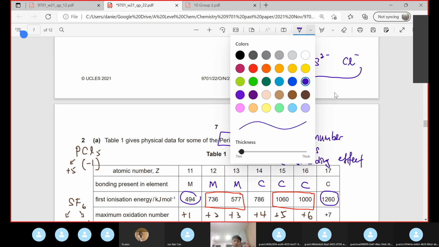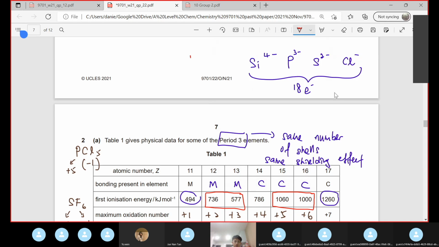The difference is the proton number. Silicon has 14 protons, phosphorus 15, sulfur 16, chlorine 17. So you can see they have the same number of electrons, but different numbers of protons. So the nuclear charge is different. They have the same electrons, but different nuclear charge. So 2 marks here.